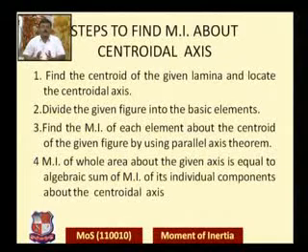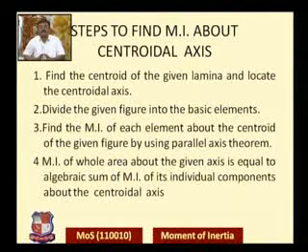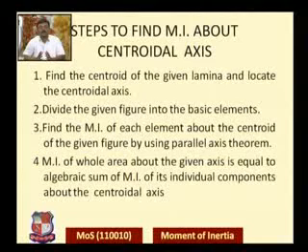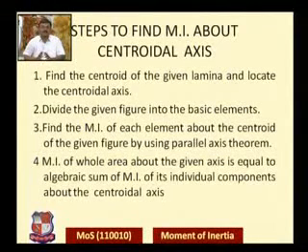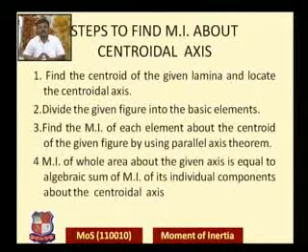And accordingly you determine the MI of each individual element about the centroid of the whole figure. And at last, the moment of inertia of the whole figure about the centroidal axis would be equal to the algebraic summation of the moment of inertia of the individual elements about the centroid of the main figure.